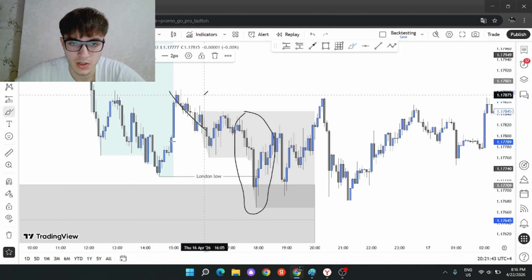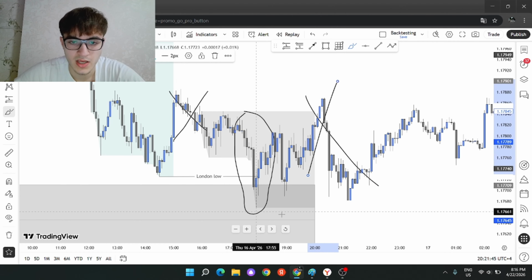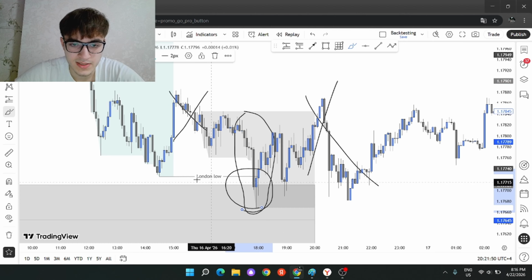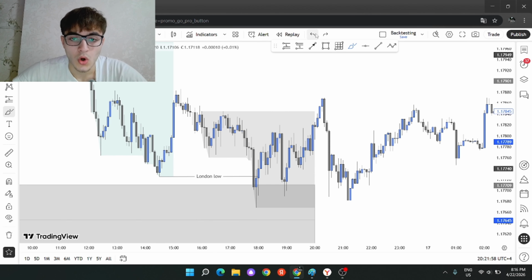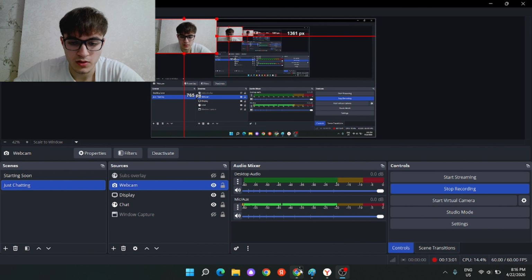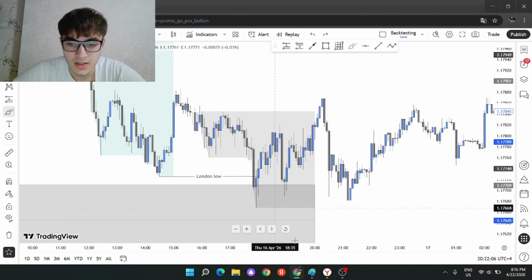We don't care about this other range, because right here price swept this London low, and because of that I'm just looking in this range. We are in a bearish trend.